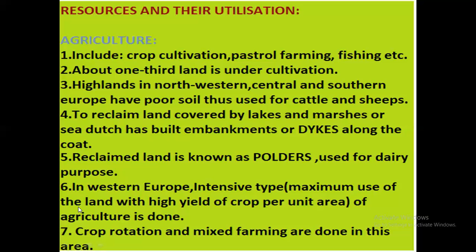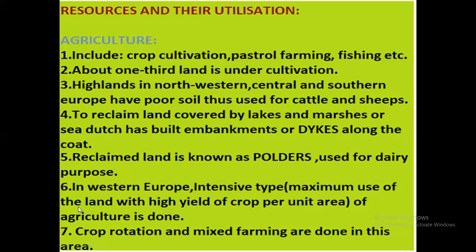That means utilization of land is at the maximum rate possible, while at the same time the yield of the crop per unit area is also very high. This is intensive agriculture. Where is it practiced? In Western Europe.